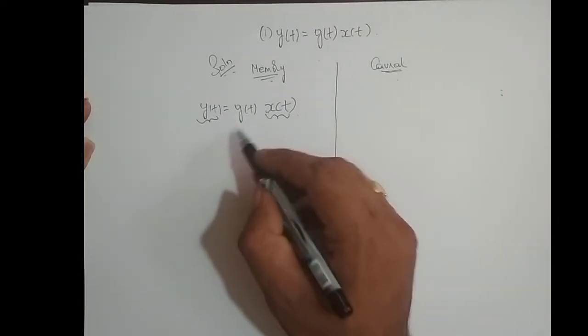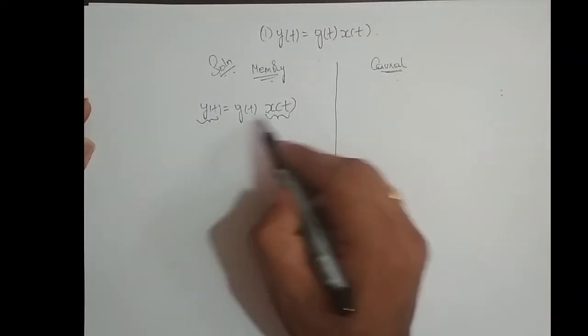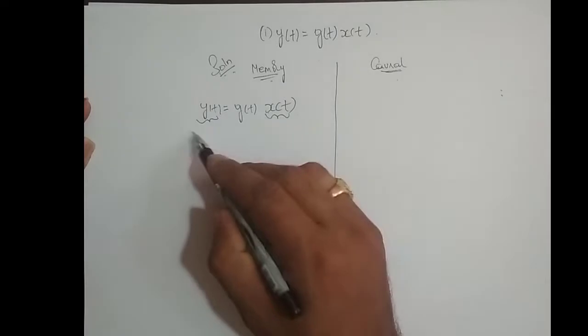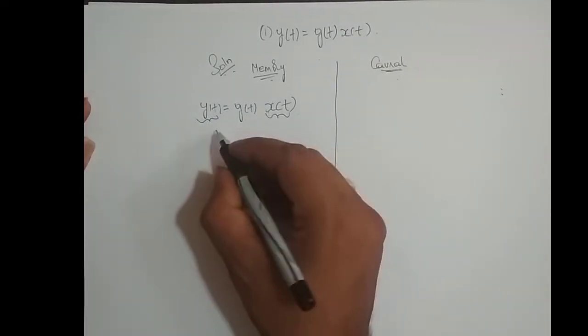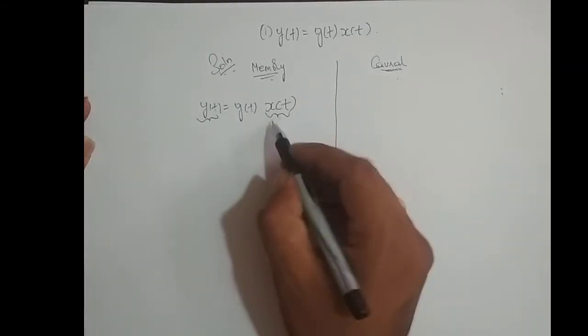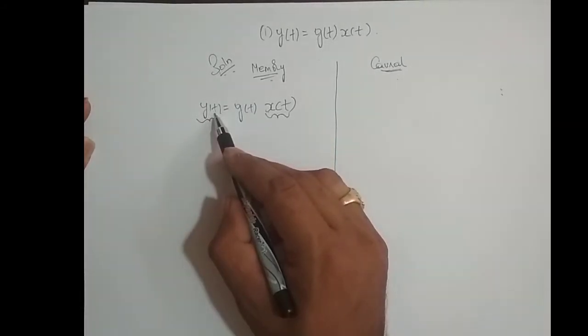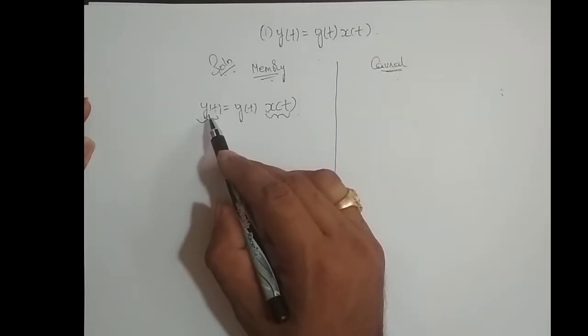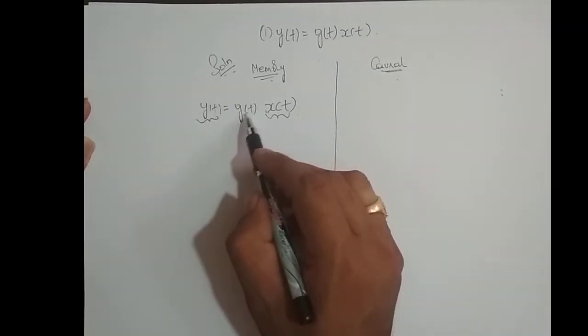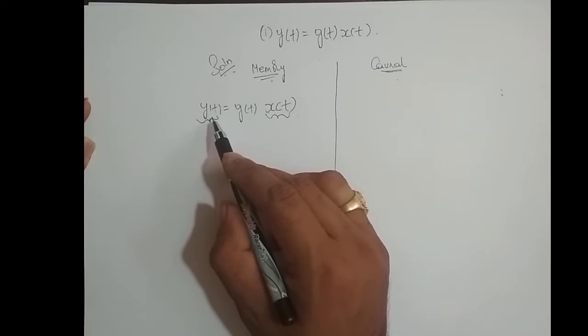So in this case you have to concentrate on the input and output part of the system. Just ignore any other coefficients. Now if I put t is equal to 0, y of 0 is equal to g of 0 times x of 0, so output depends upon the input. If I put t is equal to 10, y of 10 is equal to g of 10 into x of 10.